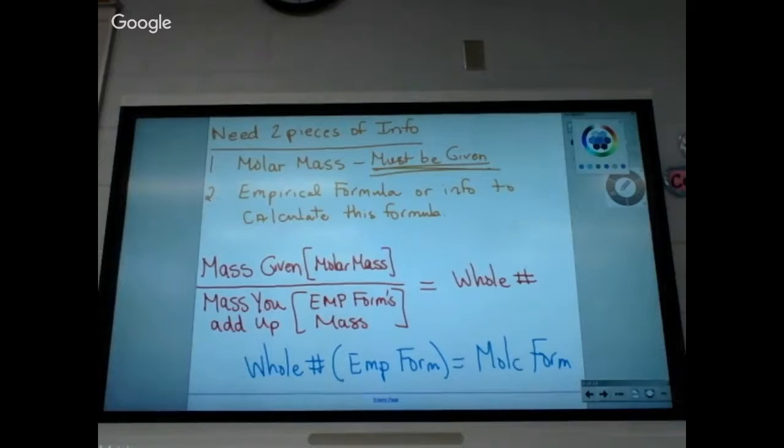If the empirical formula and the molecular formula are the same, what would it have been reduced by? A 1. Okay, and that will happen. And you'll multiply it by 1 and you'll get the same answer. Does everybody have it? Yes. Everybody have the steps?